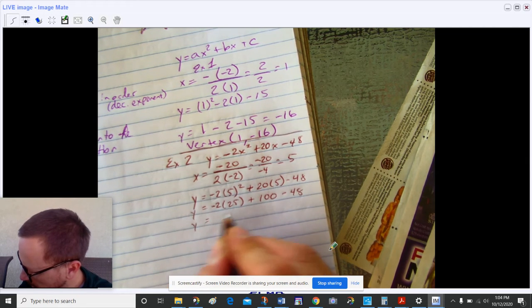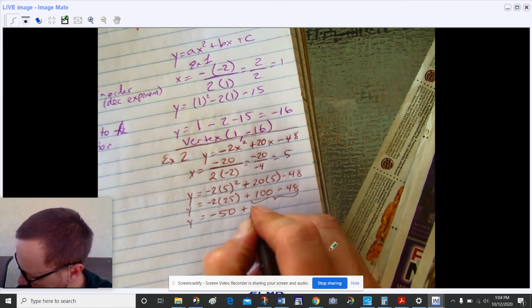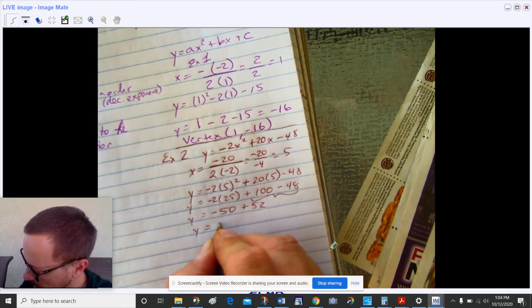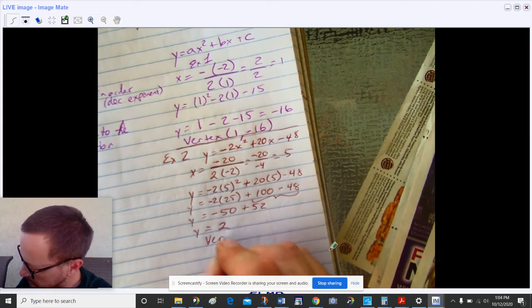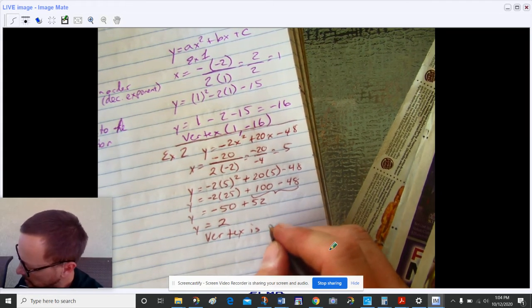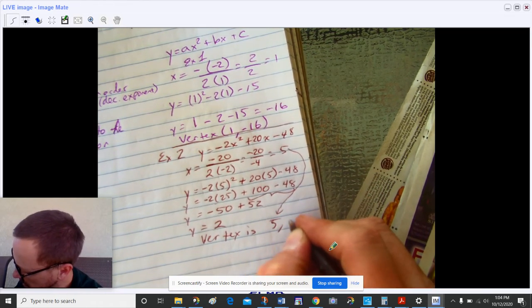These we can actually combine. 100 take away 48 is positive 52. So I have negative 50 plus 52, I get y equals 2. So that means my vertex is 5, comma 2.